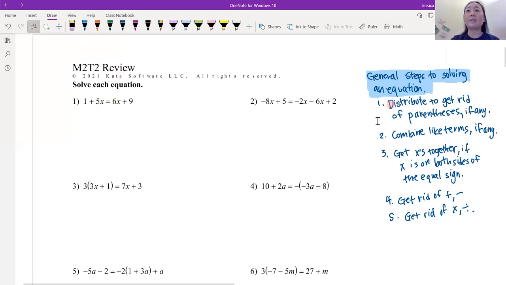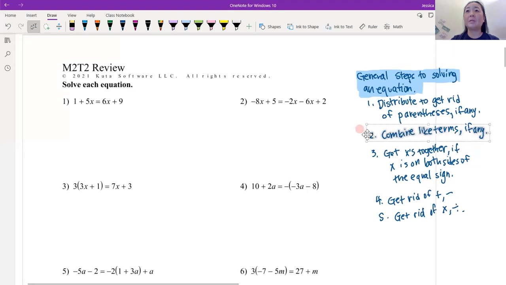So actually what I'm going to do is try to color coordinate these. Darn it, it's not working. All right, so this is going to be this color, and getting our x's together will be a different color. Apparently I am having issues.